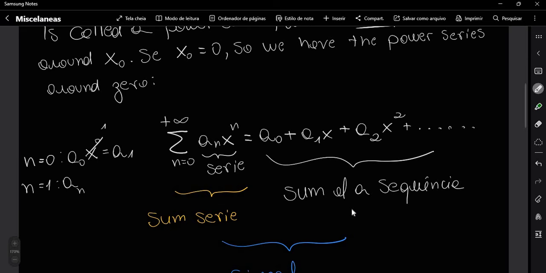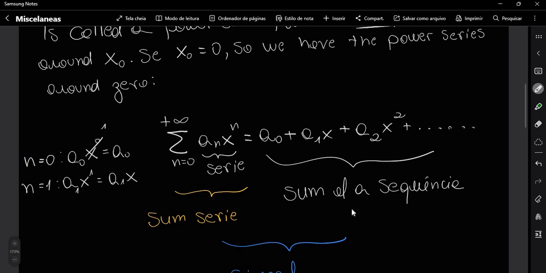Instead of writing n, we write the number of the sequence, which is 1, so a1, and x right here is 0, not 1.